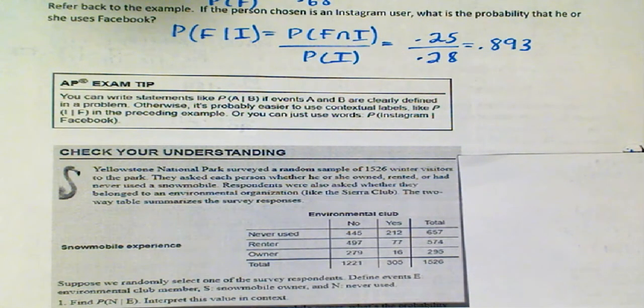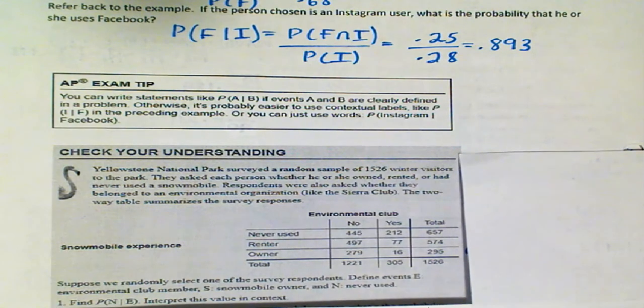So number one, find the probability that they never used a snowmobile given they are in an environmental organization, and interpret this value. So when you think about that, do you think that value is going to be high or low? Never used a snowmobile given they're in an environmental club. I don't know that they really appreciate snowmobiles if you're an environmental club member.